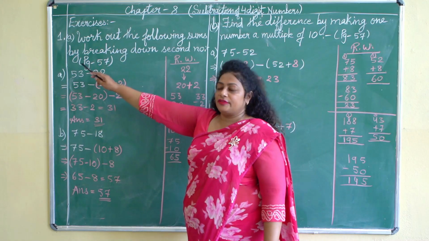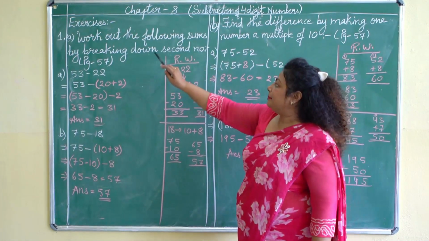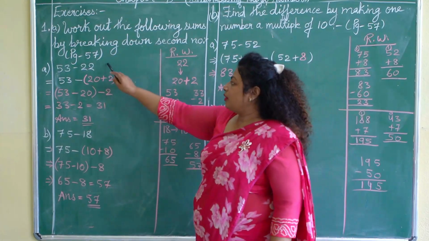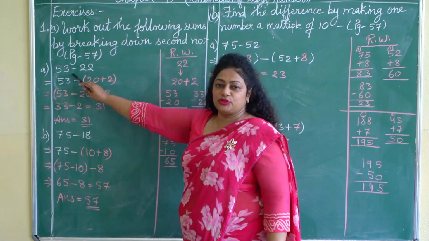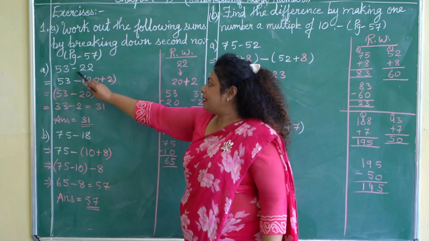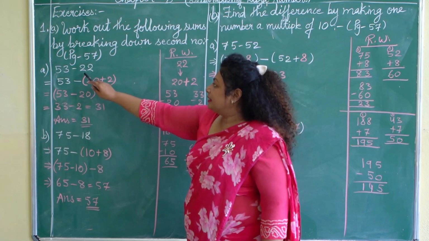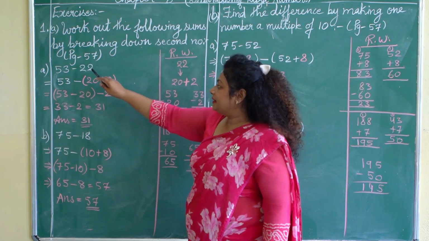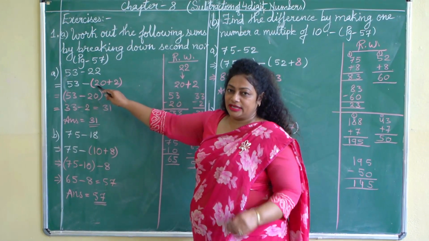First exercise given to you is work out the following sums by breaking down second number, and it is given on page number 57. The first sum given to you is 53 minus 22. In this sum, the second number is 22 and we have to break this number so that one number can become the multiple of 10.